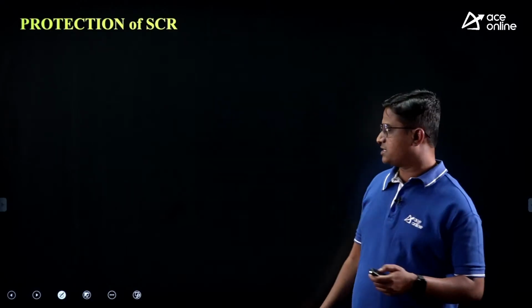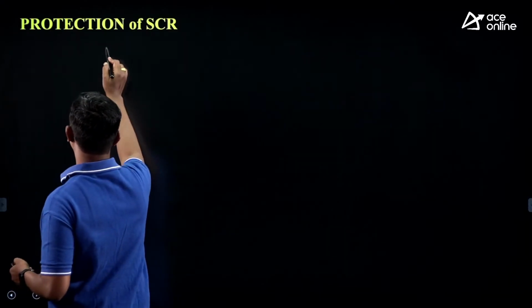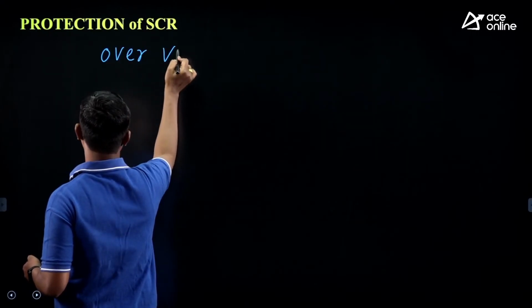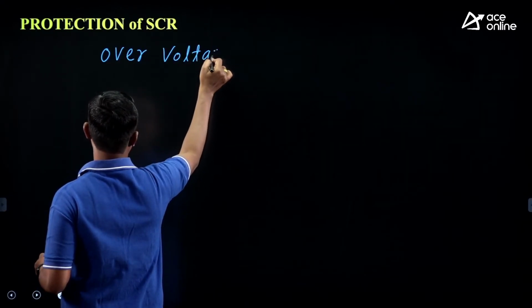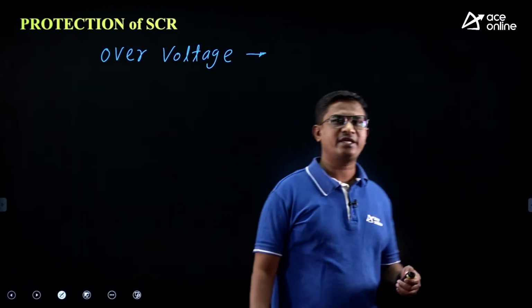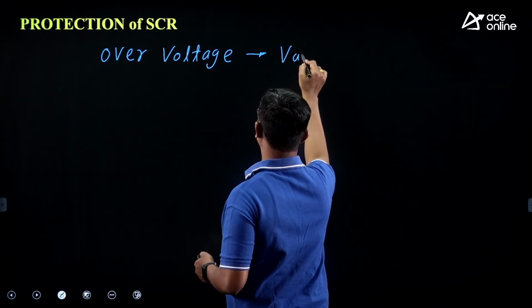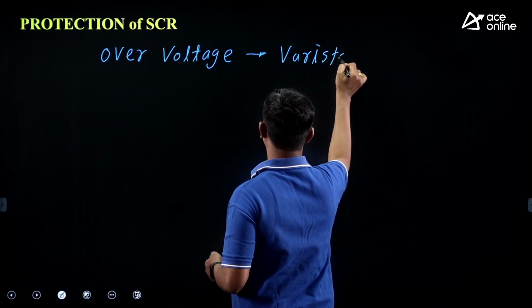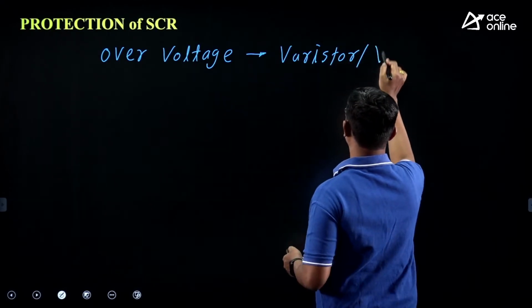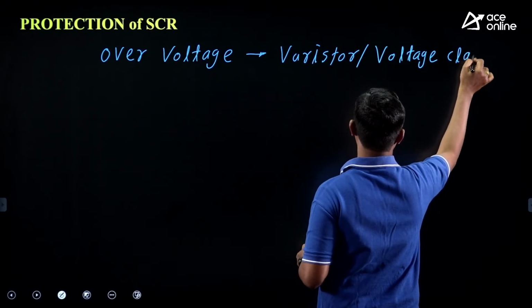Next, protection of SCR. As long as SCR is considered, we are protecting it against over voltage. How to protect SCR against over voltage? For that, varistor is used, or sometimes they have asked the question, voltage clamping device.